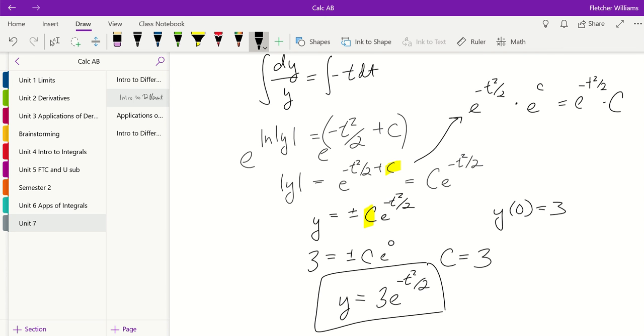There you go. For those of you watching it, you'll have to get the applications of differential equations example sheet downloaded from Moodle.